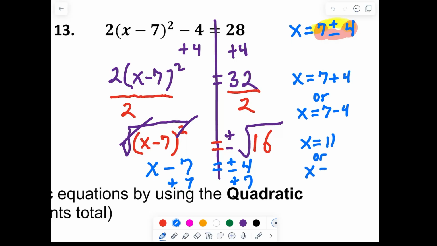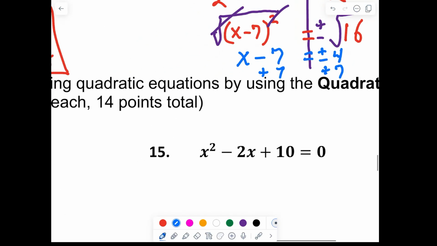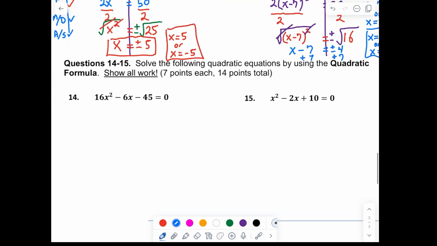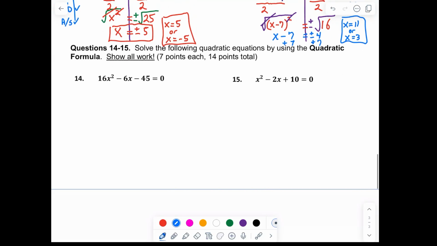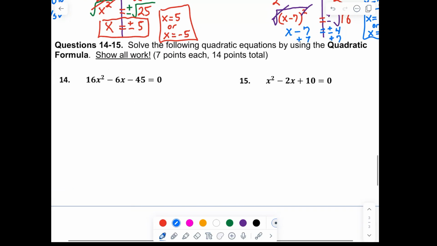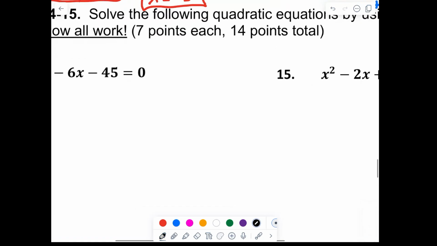That's either 7 plus 4, right? That's one possible solution. x equals 7 plus 4. Or we have the other route, where x equals 7 minus 4.